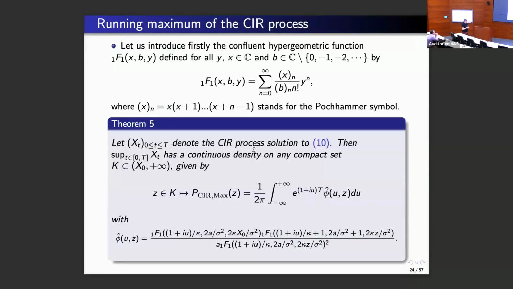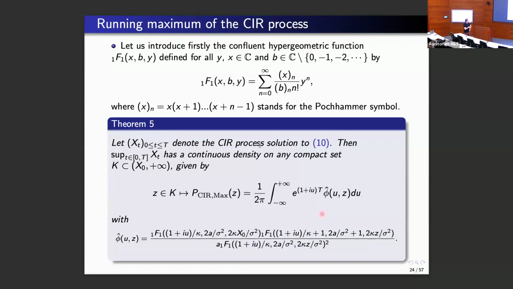So let me show these results. When you are interested in studying the Laplace transform or any transformation of the CIR process, clearly special functions naturally appear.